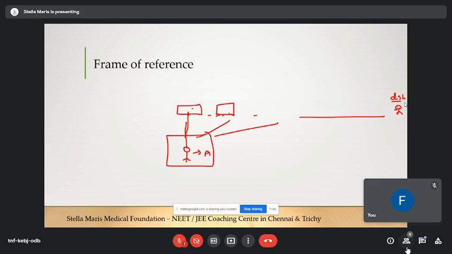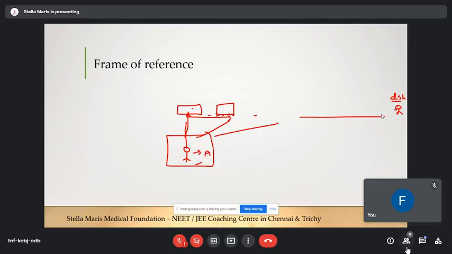So one-dimensional motion is nothing but motion along a straight line, or rectilinear motion. It requires only one axis, that is the x-axis.